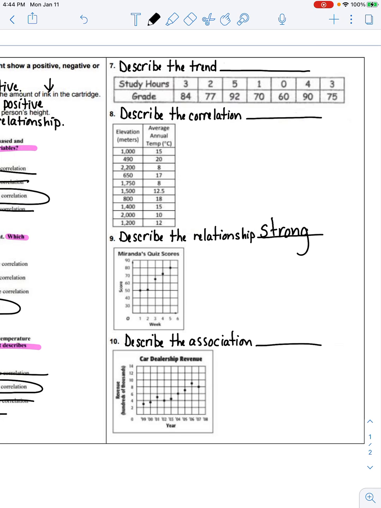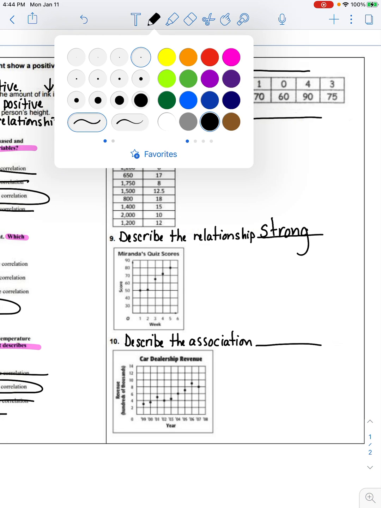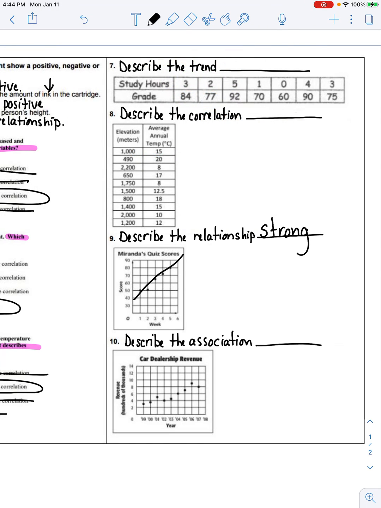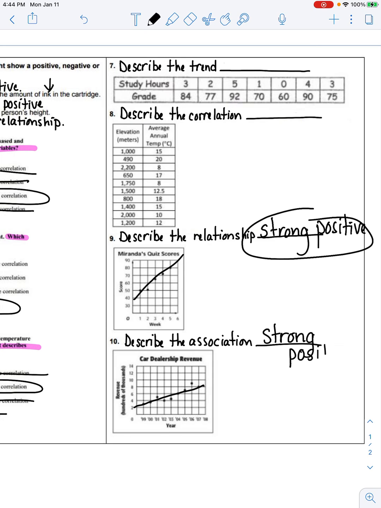And then the line looks like it's going up. So that's going to be a strong positive. So that's your answer for number 9. And number 10, again, those look like they're going up and they're pretty close together, the dots are. So that's going to be a strong positive. And it's okay if you didn't write strong in, just do that now.